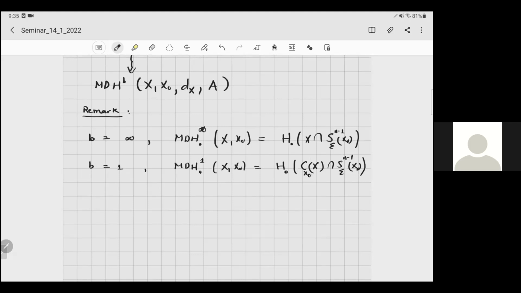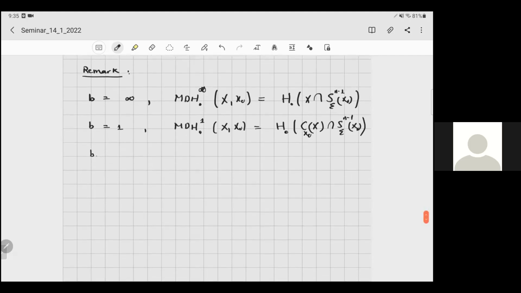And how about b arbitrary? Let's take a look. For example, I have a set x like this, and in the middle the speed goes to 0.